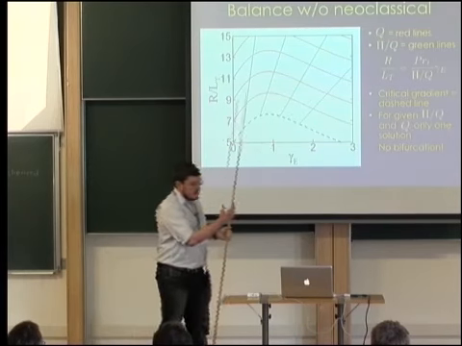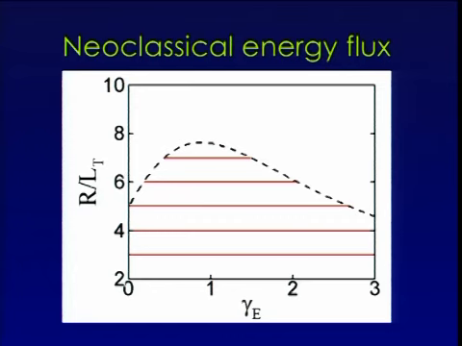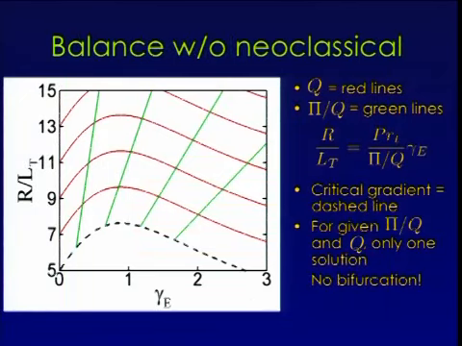So what we did is, let's see what happens if we add neoclassical. Yes? So those curves on the previous slide are an interpretation of the set of runs that Michael showed. Exactly. Finite magnetic shear or zero magnetic shear? That's a good question, thank you. With finite magnetic shear, it looks like this.